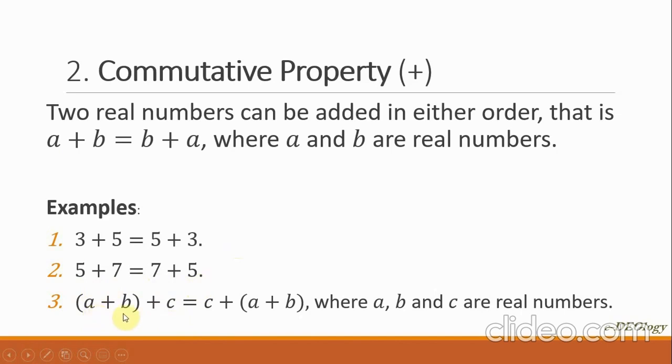The first two letters, a plus b, are grouped together. On the other side, the c will come first, and the group a plus b will be last. So this still falls under the commutative property under addition.